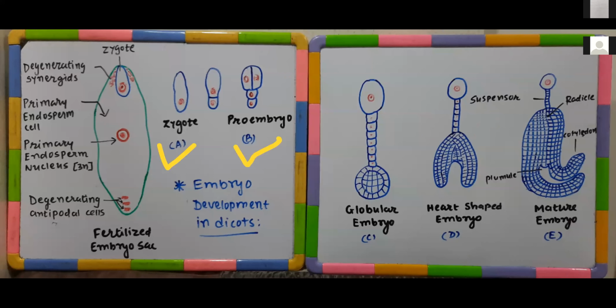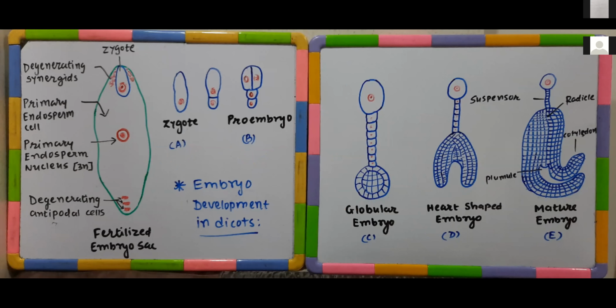Then further it develops into a little larger structure called the globular stage of an embryo. Subsequent one, heart stage of embryo. Next to that, mature stage of an embryo. These are the different stages of an embryo.